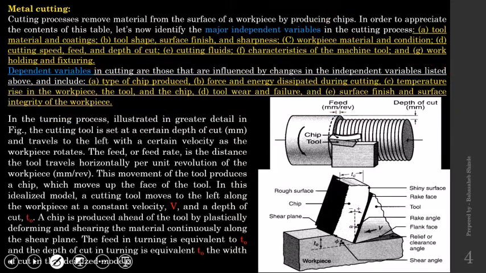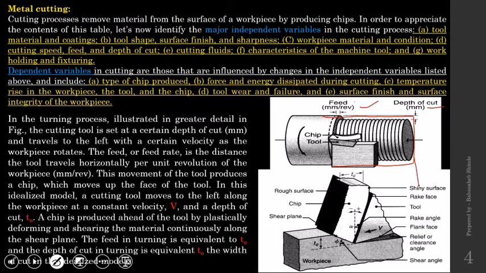Now if you take an exam, out of the various parameters that we discussed over here, there are certain important parameters that we need to discuss in detail, and the two important parameters are feed rate and depth of cut. Now, when you discuss feed rate and depth of cut with the help of this sketch, you can easily see that the initial diameter of the workpiece is this much.